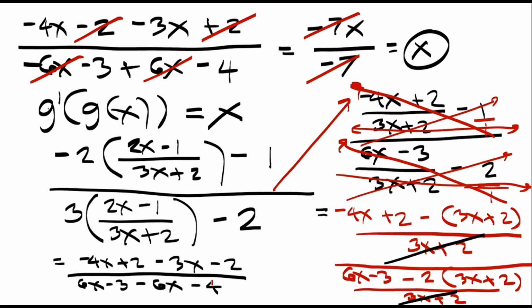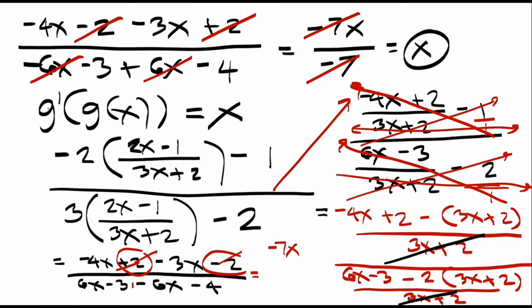If we're going to simplify this, so we have here negative 4x minus 3x, that is equal to negative 7x, and positive 2 minus 2, so that is 0.